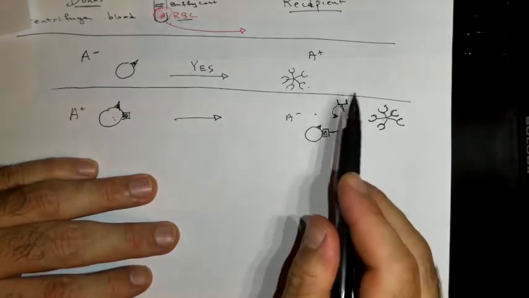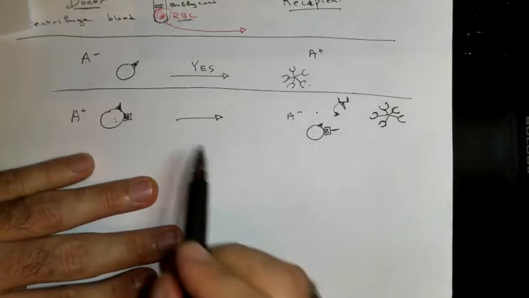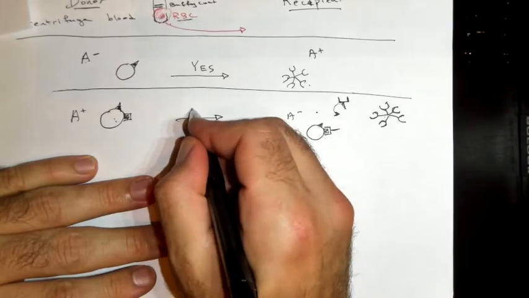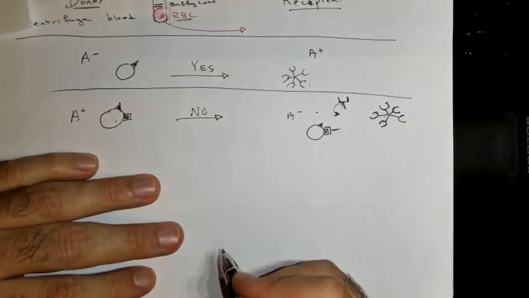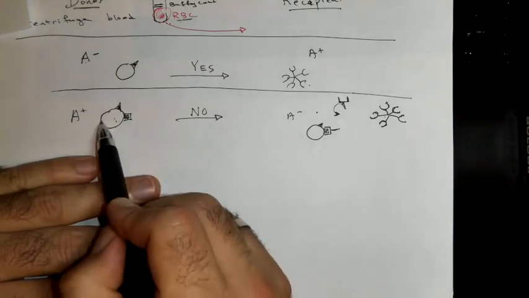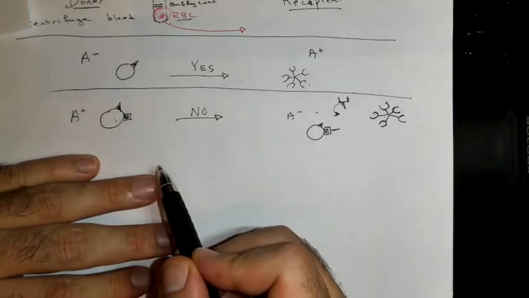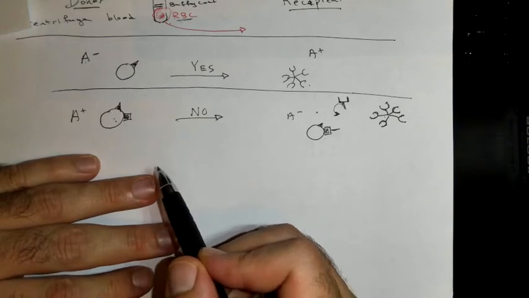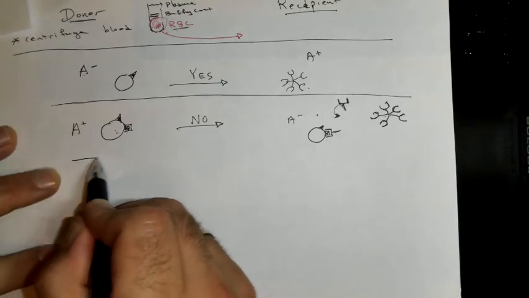In other words, the plasma will attack the cell. And so can we do this? No. It is not compatible. We cannot donate a positive person's blood to a negative person's blood. So let's continue then. Let's do another example.